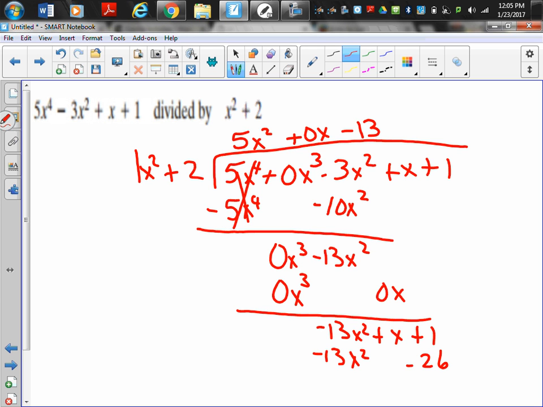But I do the opposite, so that's positive. So I have x plus 27. X squared times what gets me x? Can't be done. So it's remainder x plus 27.